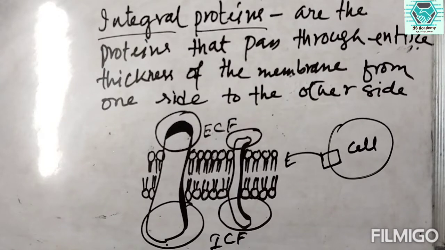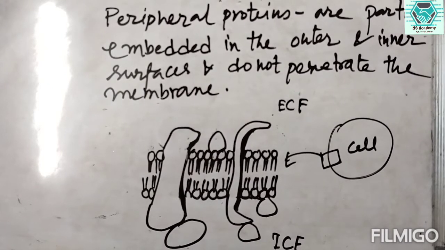Another one is the peripheral protein, which may bind with the integral protein, or they may be bound with the lipid membrane, but they are present at one end, either outside or inside. So next we see the peripheral proteins. Peripheral proteins are partially embedded in the outer and inner surfaces, and they do not penetrate.